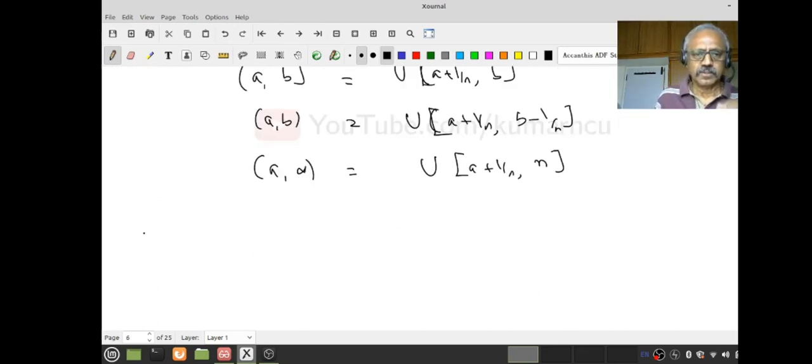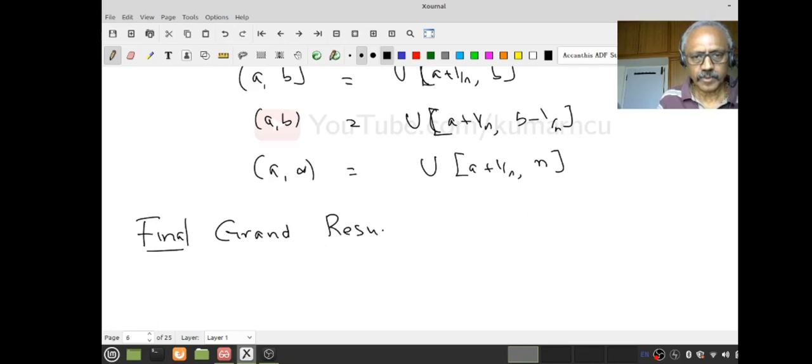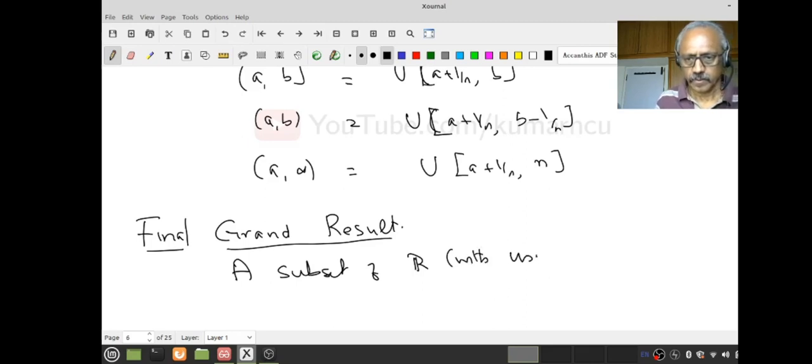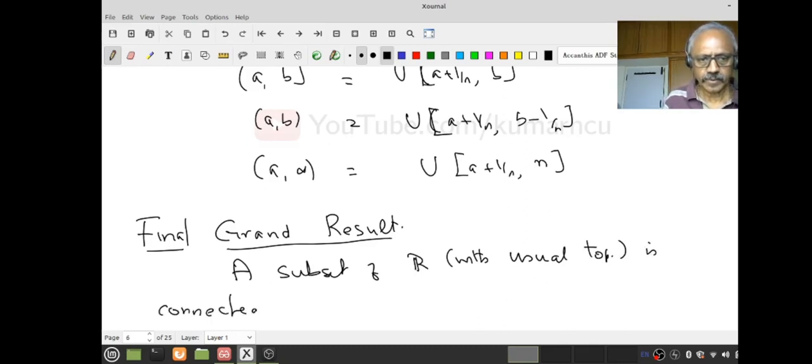So what is the final result we have proved? The final grand result: a subset of R with the usual topology, of course, is connected if and only if it is an interval.